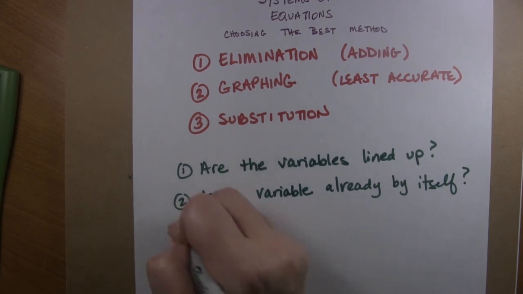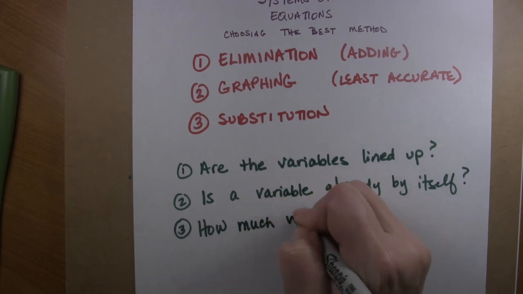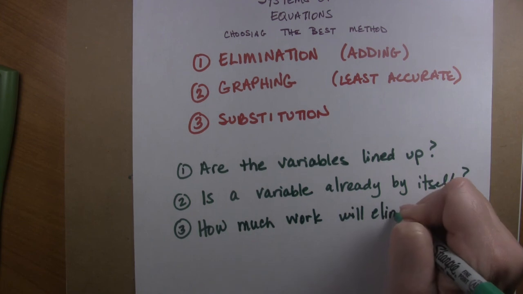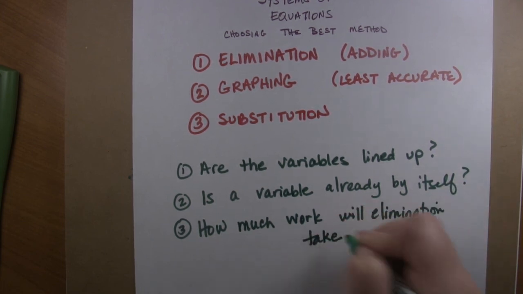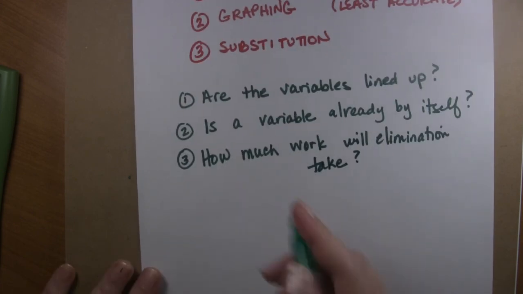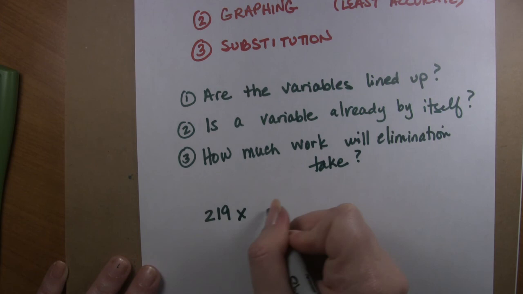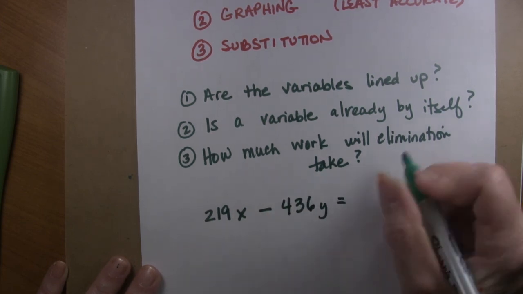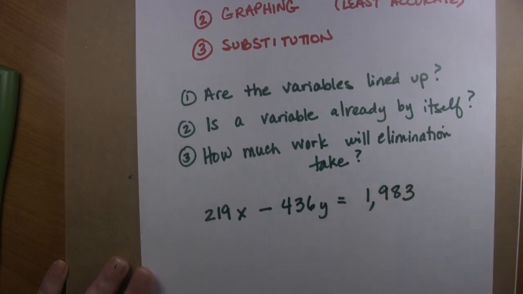And the third is, how much work will elimination take? For instance, if you have like 219x minus 436y equals 1983, right?